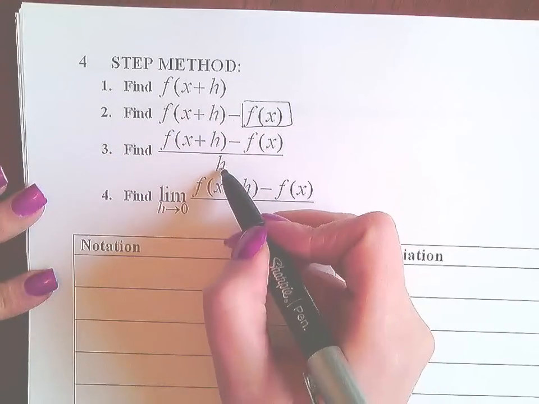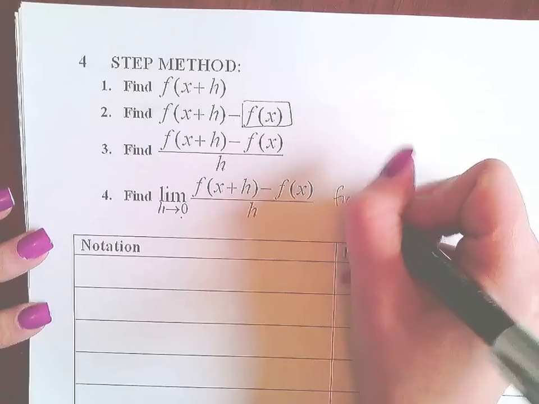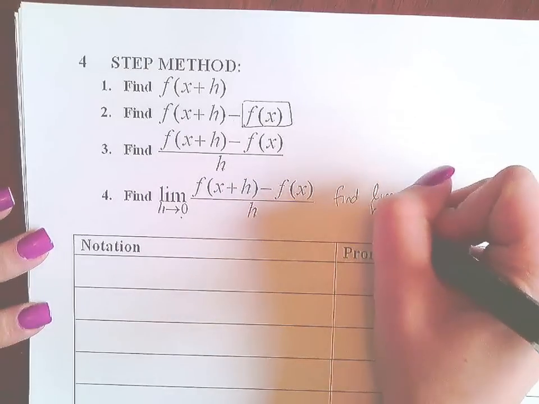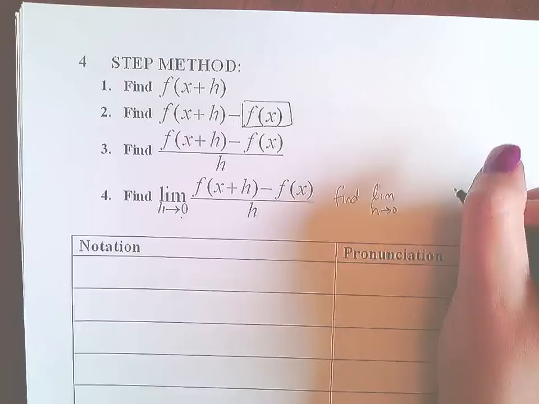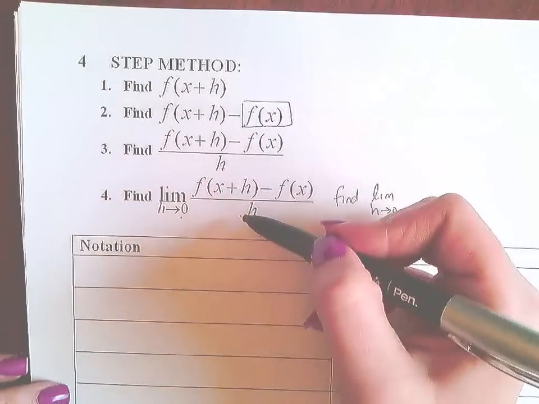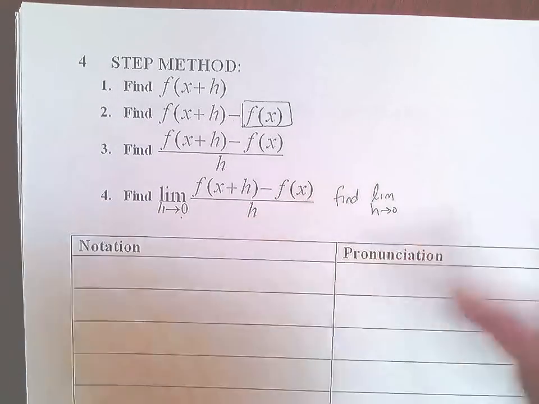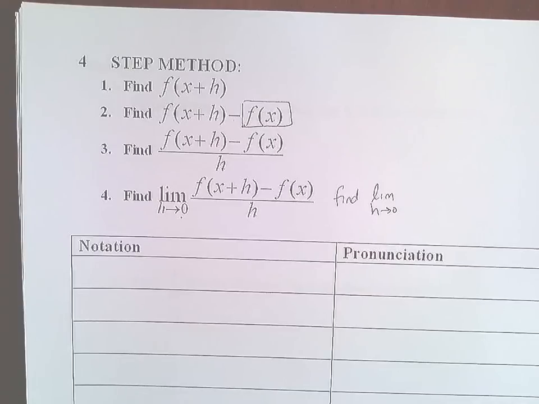And then we divide by h. And then the last thing we do is find the limit as h approaches 0 of the whole entire function. So this is called the four-step method. And you guys are already doing this, so this is nothing new. You can pause the video if you want to write down the four-step method.